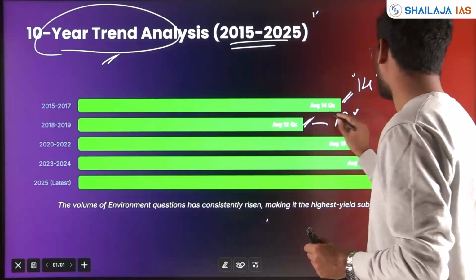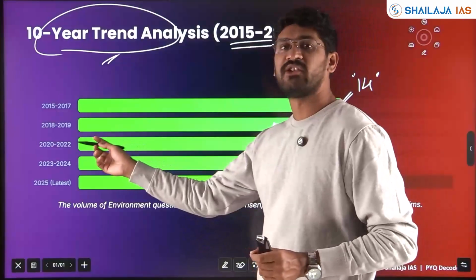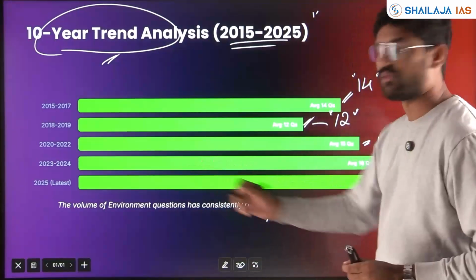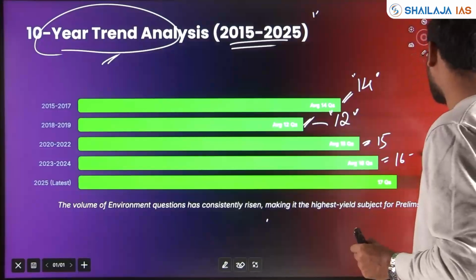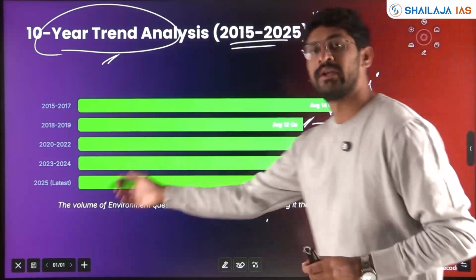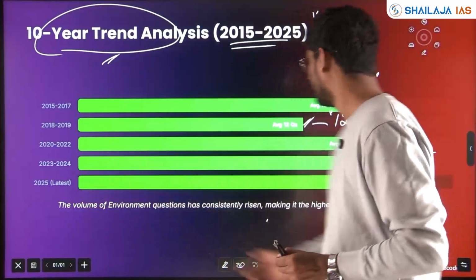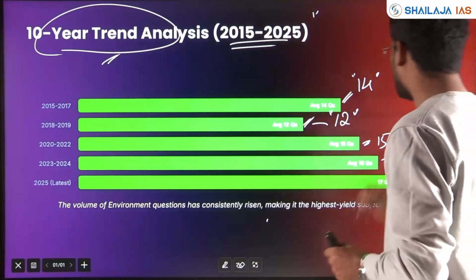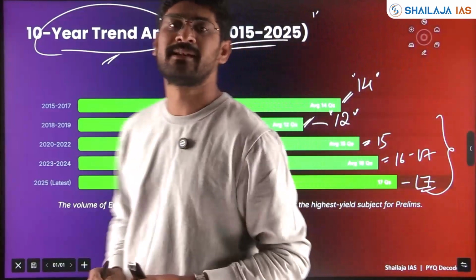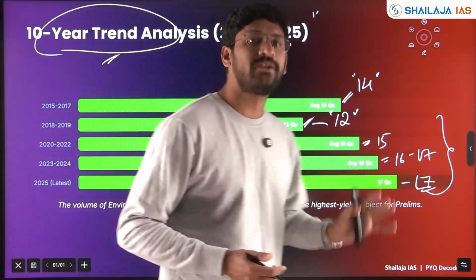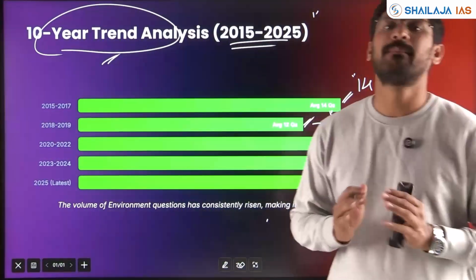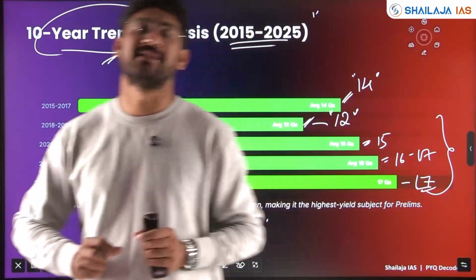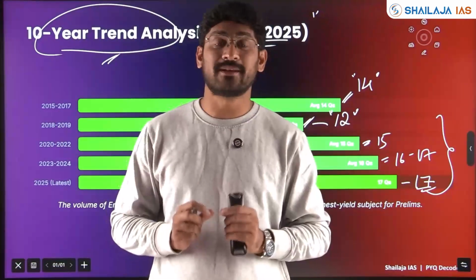Again in 2020 to 2022, 15 questions, and in 2023 and 24, on average 16-17 questions. In 2025, the previous year, 17 questions were asked. So in the last 5-6 years, on average, 16 to 17 questions are being asked in environmental science by UPSC. Why is it a very crucial subject?